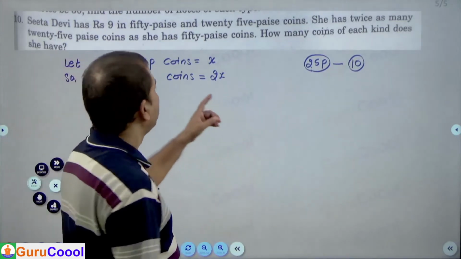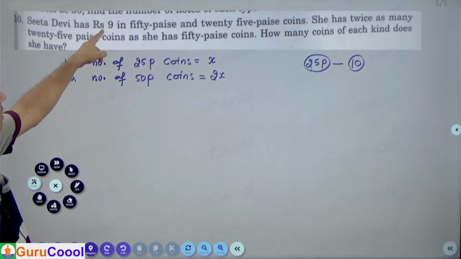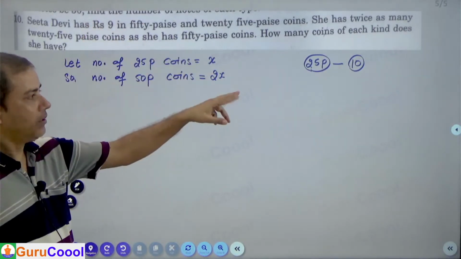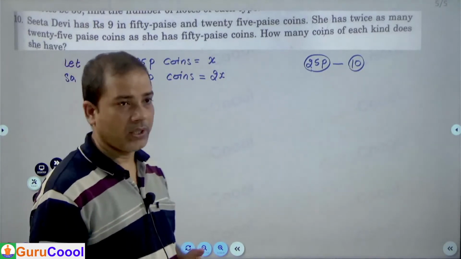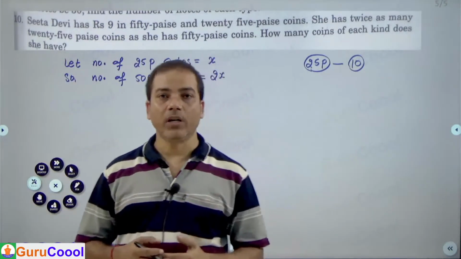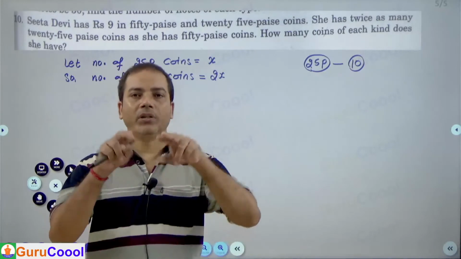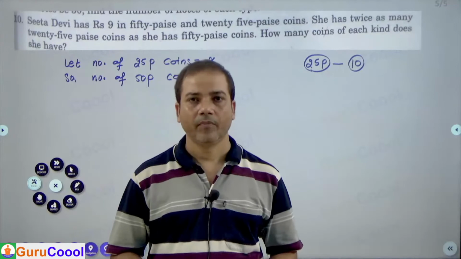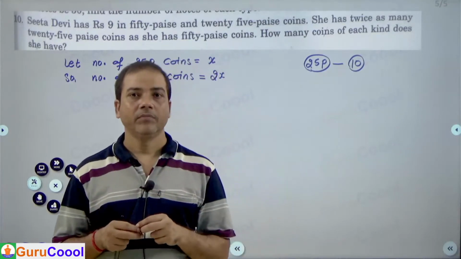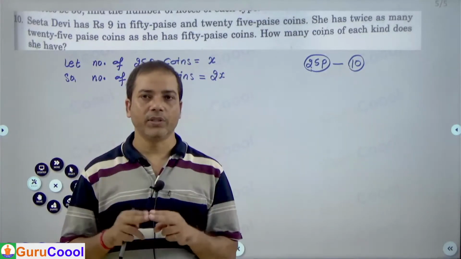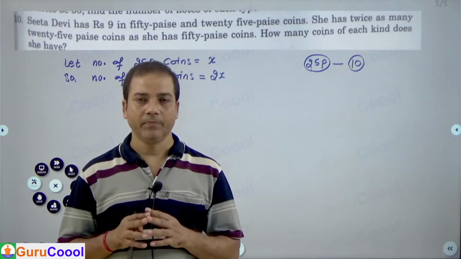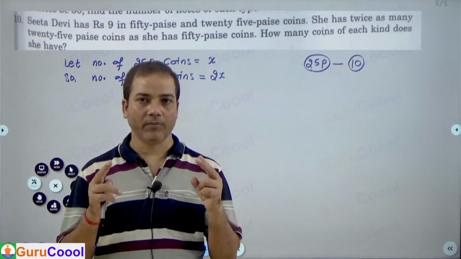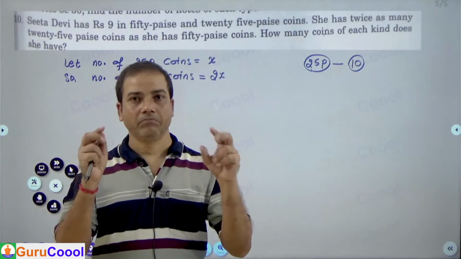See, we have 9 rupees total, and here we have paise, rupees and paise. Notice, in the same question, for the same quantity, if you have 2 different units, that's a problem. For money, we have 2 units in this question, rupees and paise.